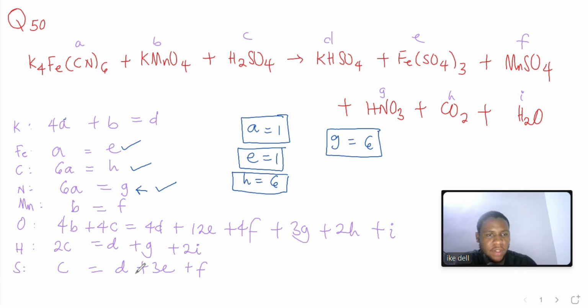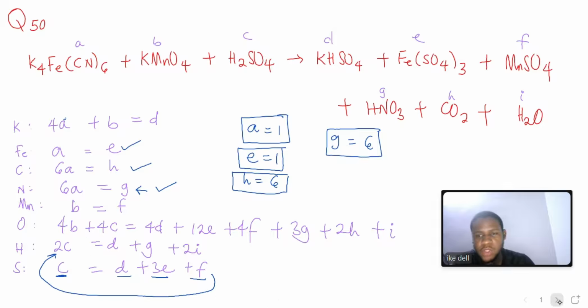So now let's do, I want to put everything in terms of F. I think that could help me. So I'm going to start from this. C is D plus 3E plus F. Okay, so let me substitute this into here.